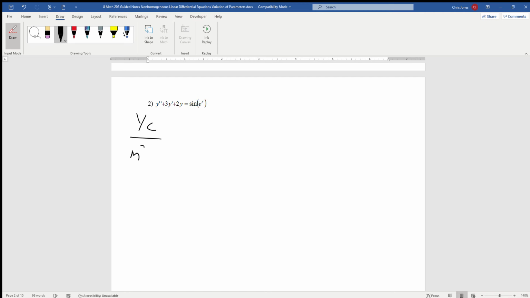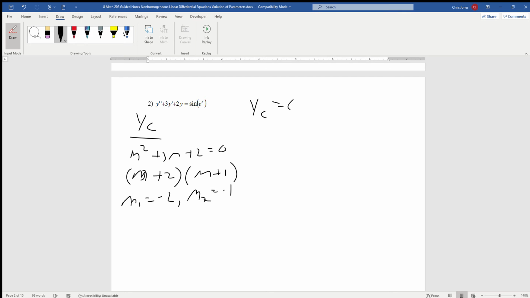Auxiliary equation: m squared plus 3m plus 2 equals 0, factoring into (m plus 2)(m plus 1), so we get two distinct m's, -2 and -1. And so our complementary solution is c1 e to the minus 2x plus c2 e to the minus x.